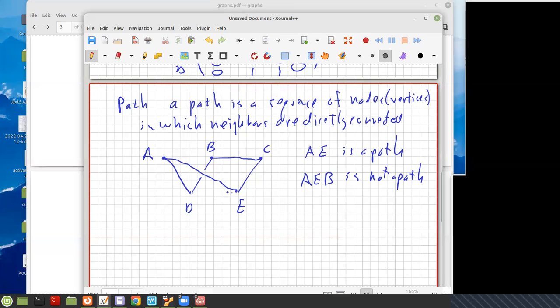So let me put one more line in here. Then another path would be A, D, E, A, D, B, C. That's a path.